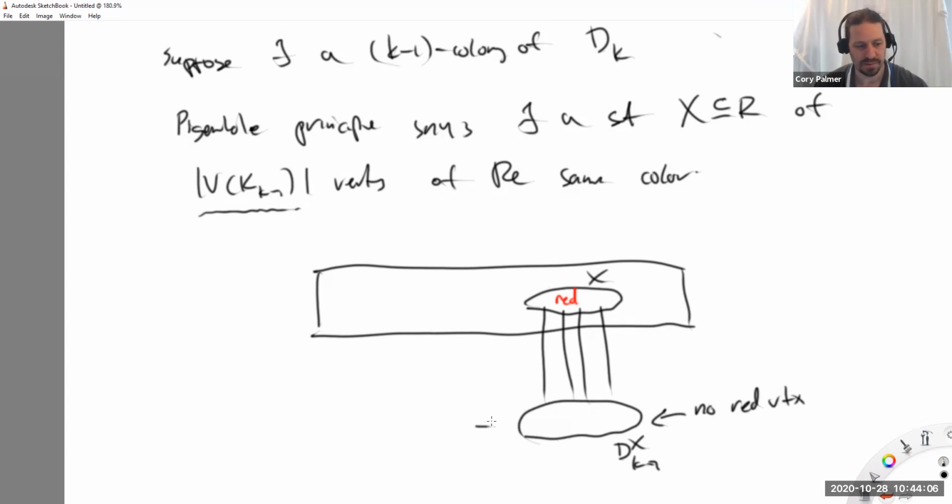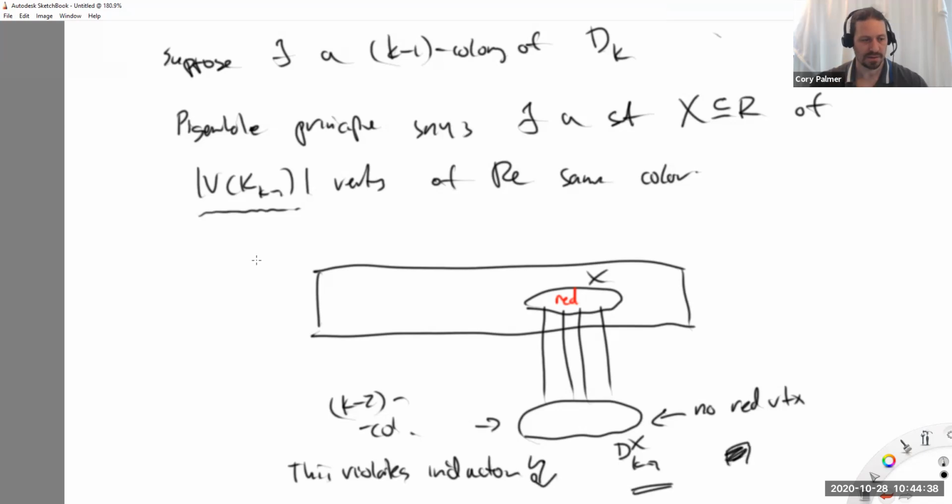So this has a k-2 coloring, because I can't use red, and I've only got k-1 colors to use. The remaining k-2 colors appear here somehow. But that's impossible, because D_{k-1} requires k-1 colors by induction. So this violates induction, which is a contradiction. And that's the end of the proof.